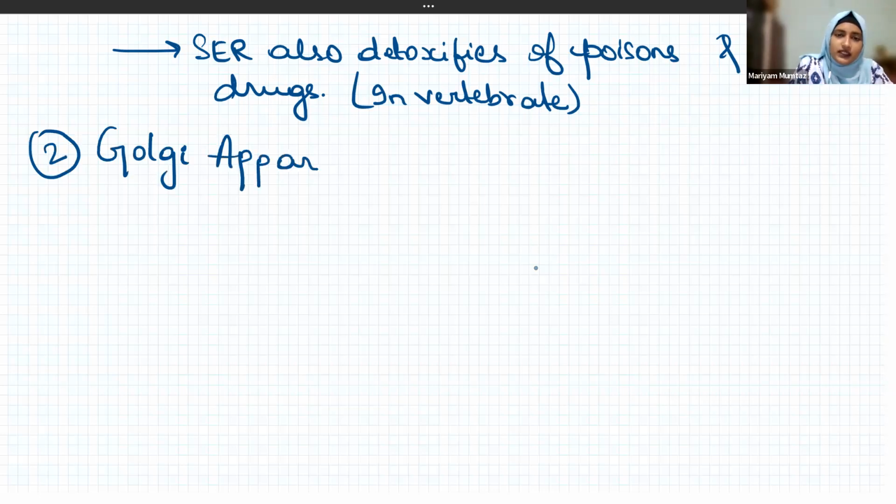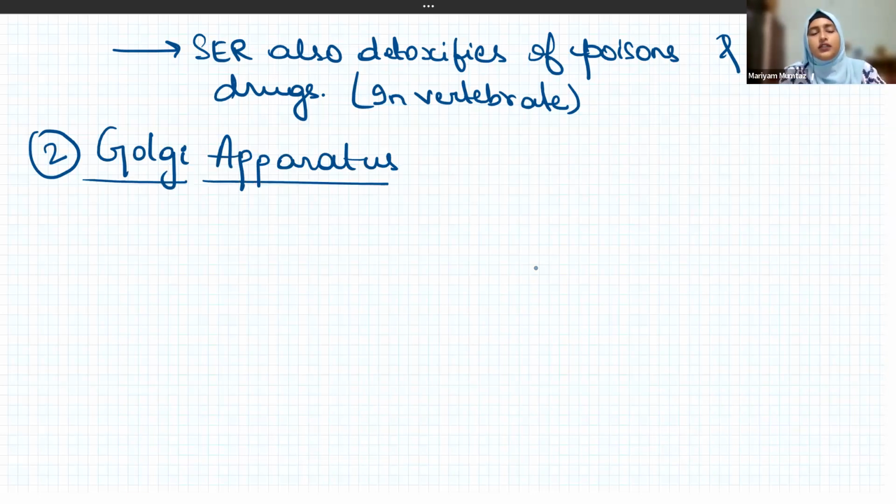The Golgi apparatus is one of those organelles that have been given the discoverer's name.